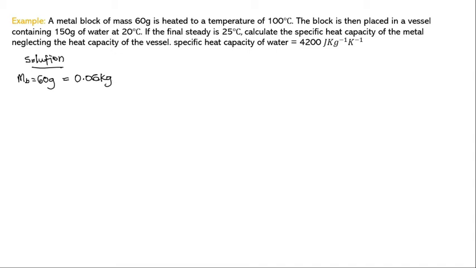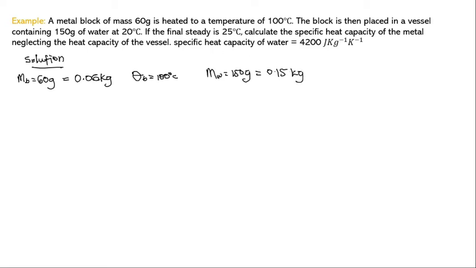The block is heated to a temperature of 100 degrees Celsius, so the temperature of the block is 100 degrees Celsius. The block is then placed in a vessel containing 150 grams of water. It means the mass of water is 150 grams. If we convert that into kilogram, we get 0.15 kilogram.